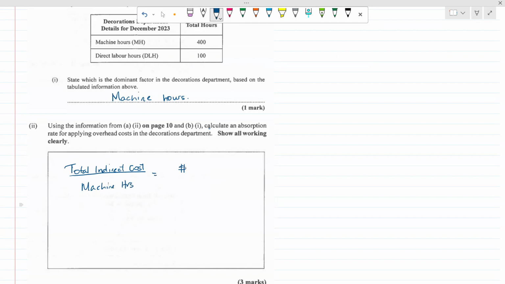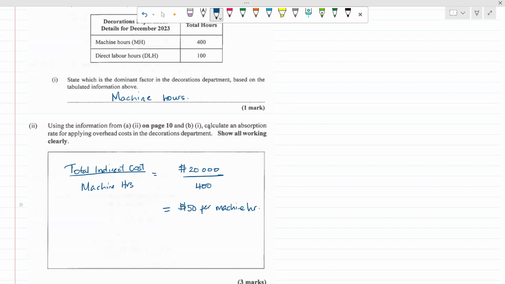So that was 20,000 divided by 400, which works out to be $50 per machine hour.